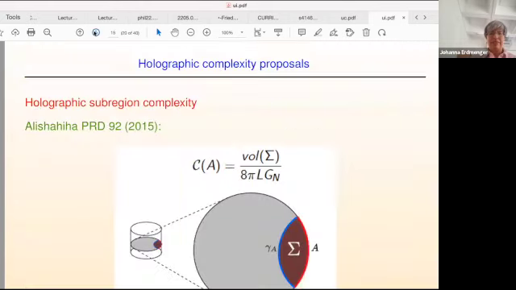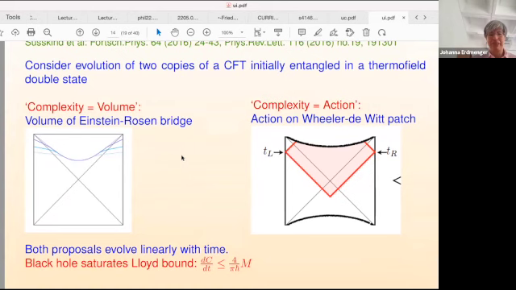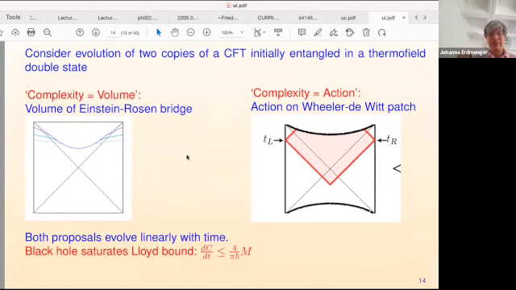Before I move on, are there any questions about this? This is really a conjecture, even more a conjecture than the AdS/CFT correspondence itself. But it really triggered a lot of research because people tried to make sense of this.